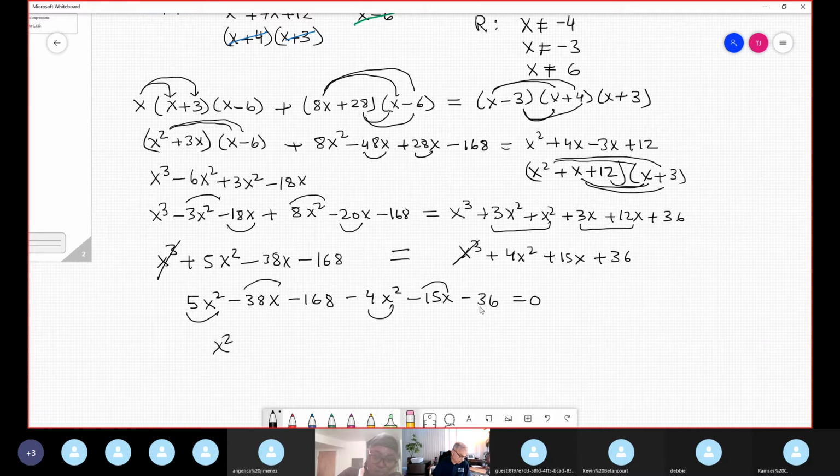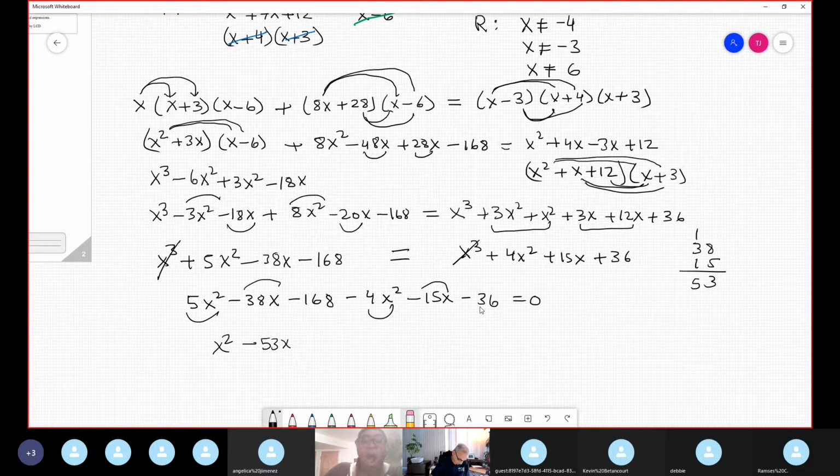38 and 15 together is 38 plus 15, is 53. Entonces, but negative, minus 53x was a combination of 38 and 15. No? 13, carry that 1. 53. Good. But minus.